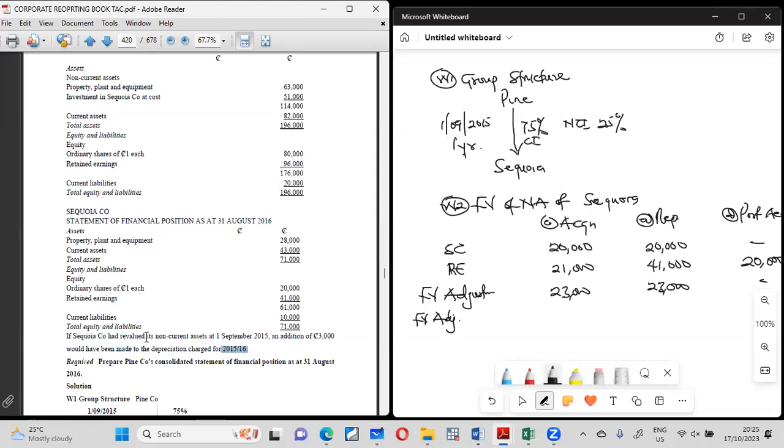So if they had used the revaluation, which is the fair value, an additional 3,000 would have been made. So this one speaks to what we call the fair value adjustment. So always look out for it. All right. So this one, they gave it to you directly. So it means fair value adjustment depreciation is what? 3,000. Always look out for it.